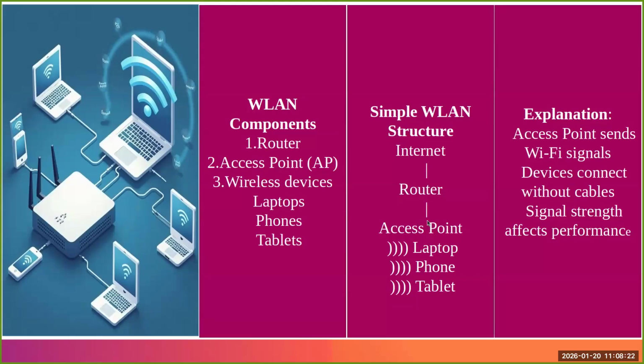Let's say we have 30 classrooms, 20 classrooms, 18 classrooms, 15 classrooms, or different offices. I want to put an access point in each of those places. You will not necessarily get a router that will have such a number of ports for you to be able to connect from the router straight to the access points. That's where the switch will come in.